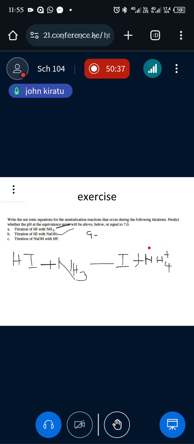So the solution is acidic, and since it's acidic, then the equivalence point will be below 7.